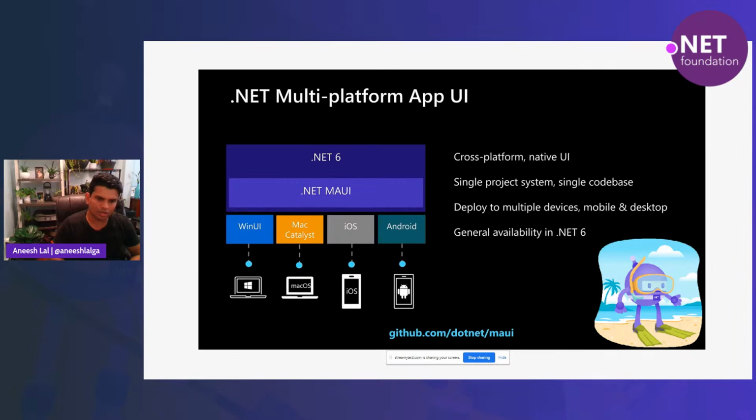MAUI takes that worry out of your hands, and it creates the corresponding elements. For example, if you are building for Android, it creates the widgets for you. So if there is a master-detail control, or you want to do a left-side navigation menu, which is kind of famous for Android and not so famous for iOS, but if you want to do that, MAUI takes that worry out of your hands and builds it for you.